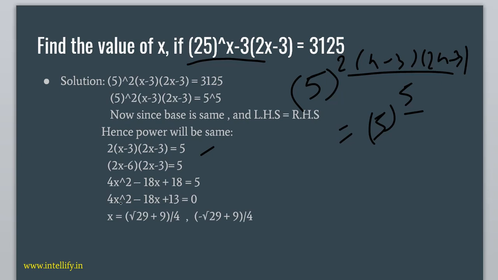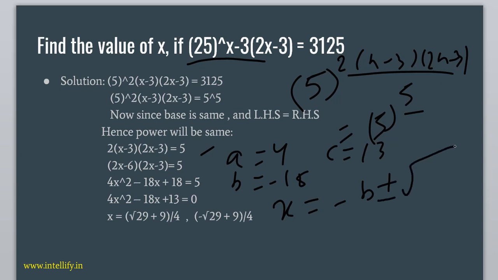In this equation we can conclude that a equals 4, b equals minus 18, c equals 13. Now using this a, b, c, we can obtain the value of x as minus b plus minus under root D by 2a.